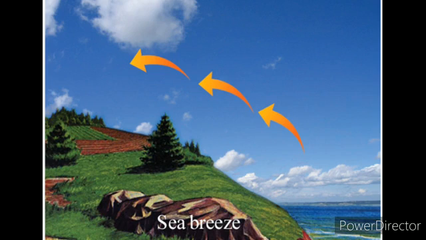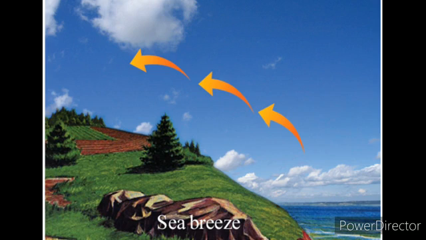The reaction of land and sea to sun's heat is not uniform. The land heats up and cools down quickly, and the sea gets heated up slowly and can retain the heat for a longer period. The air in contact with the land also gets heated up and ascends as the land heats up quickly during the daytime.